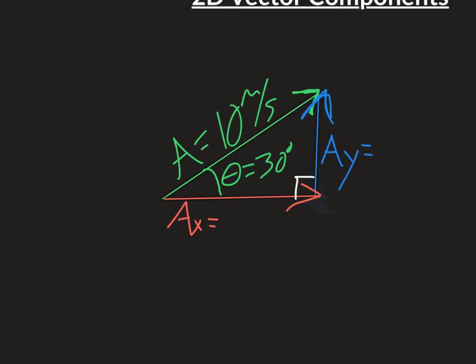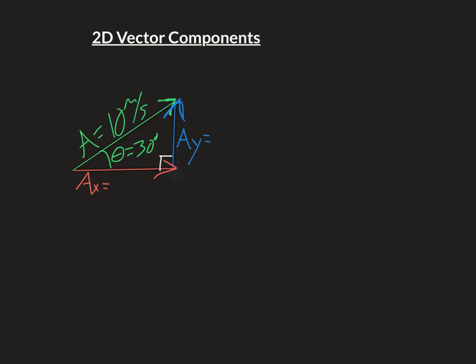Because in our original problem here, we need to figure out a of y and a of x. But that's just our opposite and our adjacent side, and we know the value for our hypotenuse, we know our value for theta. So we can rewrite this in a simple formula. So a of y is a value times sine of theta, which is going to also be, since we know these values, 10 meters per second times sine of 30 degrees.